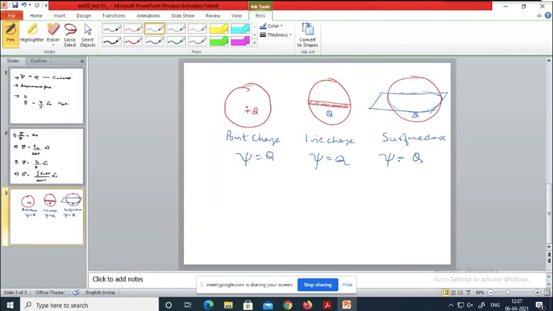So what you can observe here, the sphere is enclosing different types of charges: point charge, line charge, and surface charge of the same quantity, that is q coulombs. And as a result, there are some flux lines crossing the surface of the spheres like this.